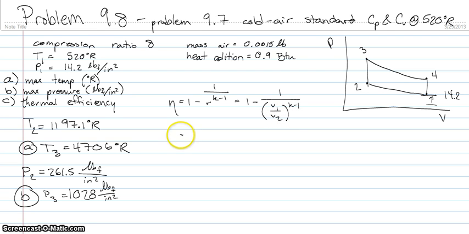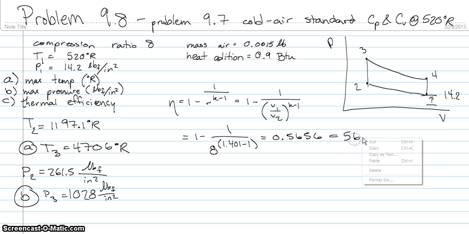So when we plug in our values, we have 1 over the compression ratio of 8, to the k minus 1 power from the tables, and we get 0.5656. But since we are doing the efficiency, it is a percent, so we have 56.56%.